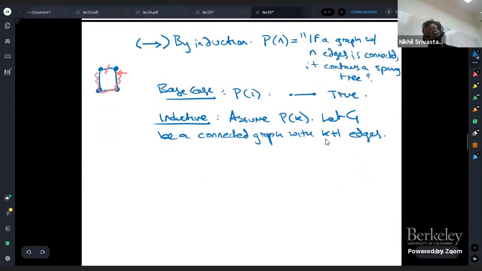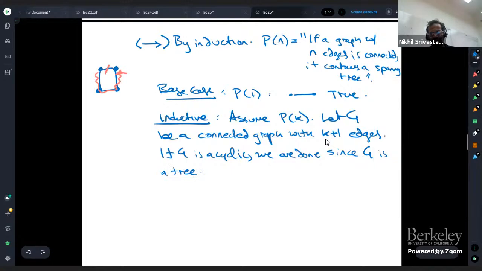Now there are two cases. If G is acyclic, we're done. If G doesn't have cycles, it's already a tree, so it contains a spanning tree, since it's its own spanning tree. That's not that interesting.